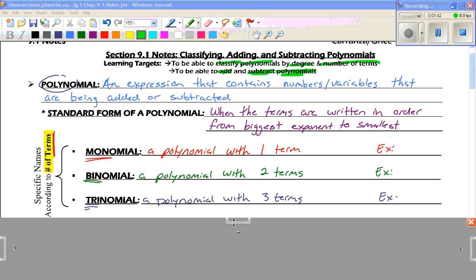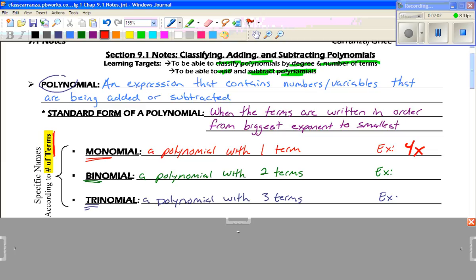Number of terms means the amount of items. So, if we look at the example, let's say 4x. That's a polynomial with one term, because there's only one thing there.